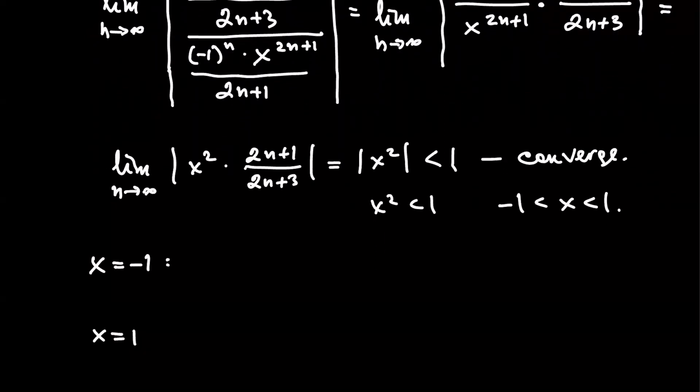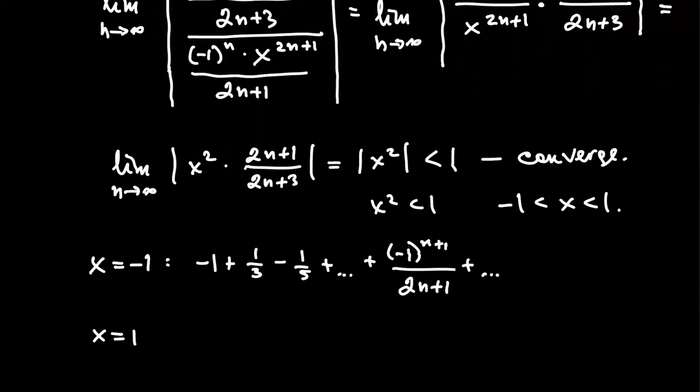For x equals negative 1, we see that the series is equal to negative 1 plus 1 over 3 minus 1 over 5 plus and so on, plus the term negative 1 to the power n plus 1 over 2n plus 1, plus and so on.